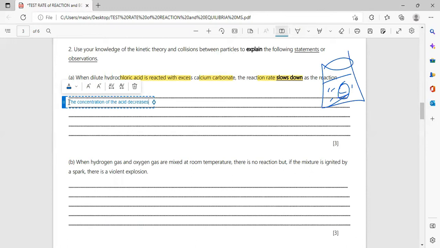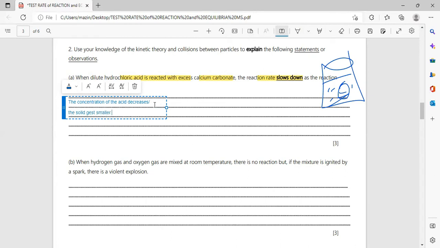Because it is used up. The concentration of the particles decreases, and another thing: the solid gets smaller.